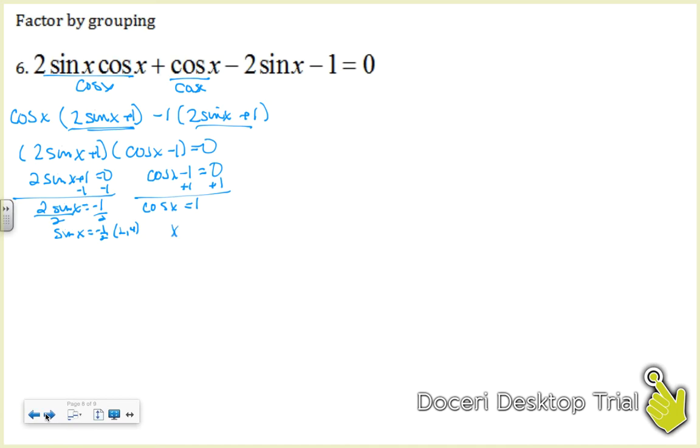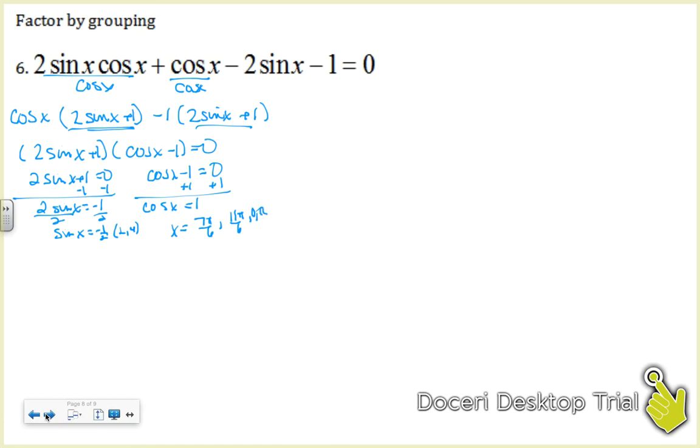So my values, let's do the sine first. Negative 1/2, my y equaling negative 1/2 is 7 pi over 6, and, did I do that right? Yep, and 11 pi over 6. And then cosine equaling 1 would happen at 0 and pi.